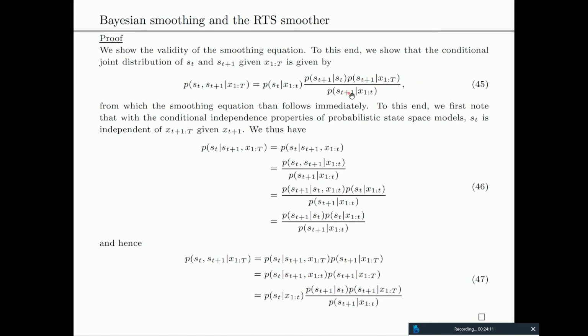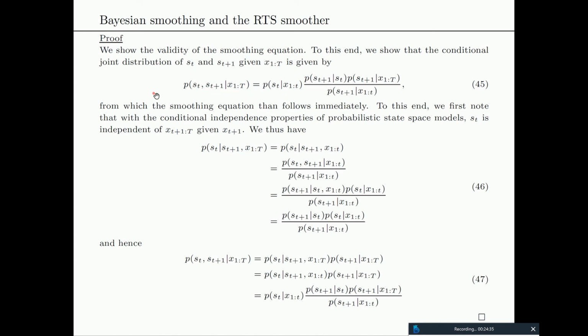When I was first confused, it was because I hadn't shown this. So why does the smoothing equation work? Essentially, it works because of the conditional independence properties of the probabilistic state space model. What is shown here is that the joint distribution of s_t and s_{t+1} given x_1 to t takes this form.